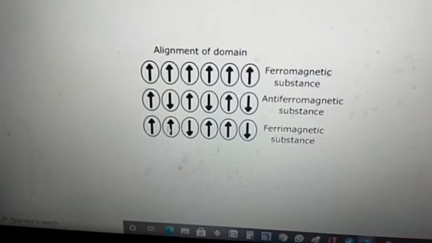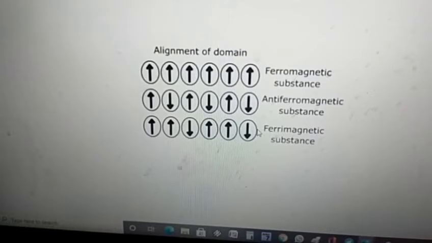These two are in opposite directions, and the orientation of this domain is opposite to these two. They are weakly attracted by the magnetic field when compared with ferromagnetic substances. Substances like magnetite and ferrites exhibit ferrimagnetism.